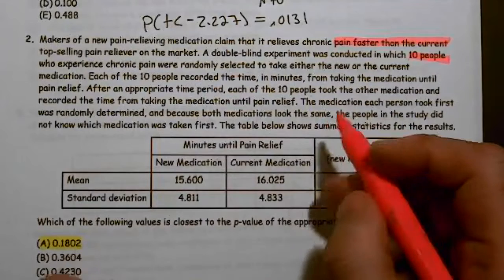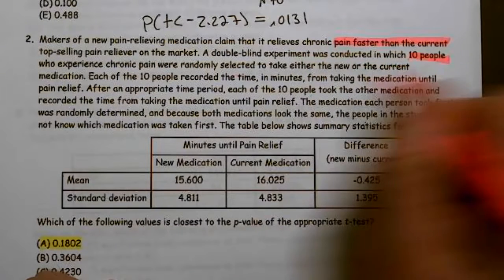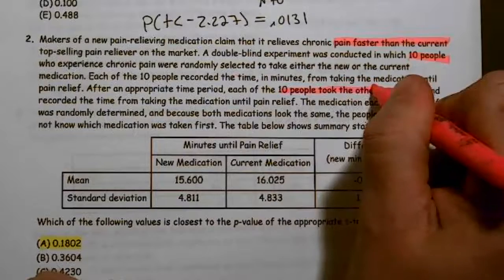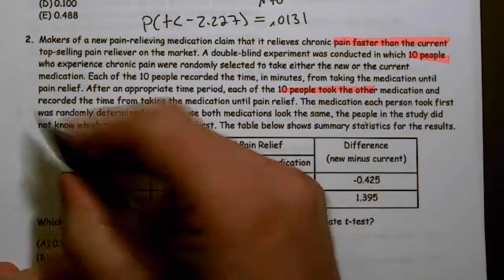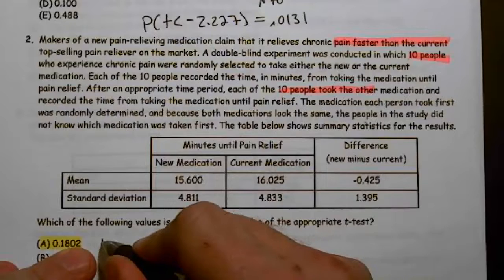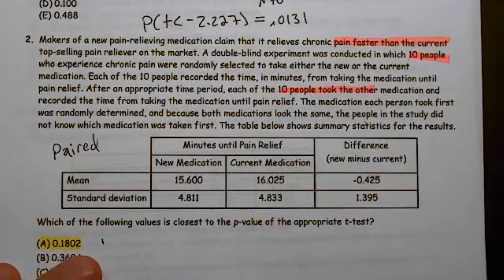Whoa, wait a second. Each of the 10 took one medication and then they took the other. That means they were tested twice. This is important because this lets us know that they were tested twice. So we know we're dealing with a paired t-test.